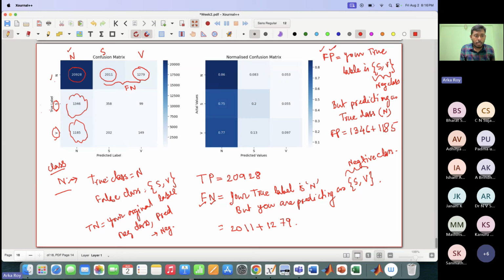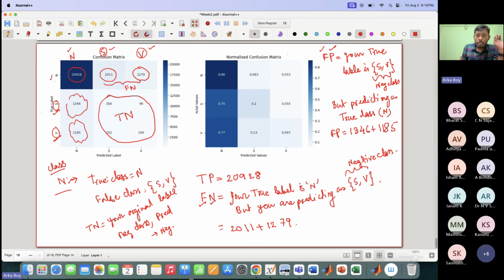So you see that your true label is S and V, which are the negative classes, and your predicted label is also S and V, which are the negative classes. So these are the cases. This is called true negative. You add up all these values, and you will get true negative.